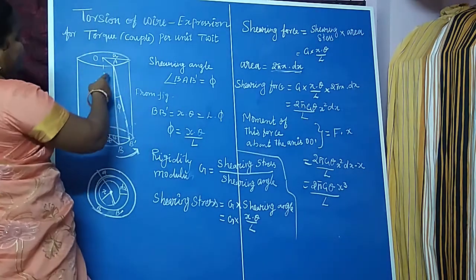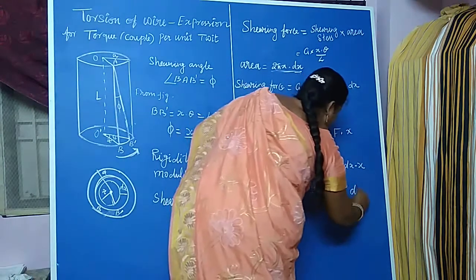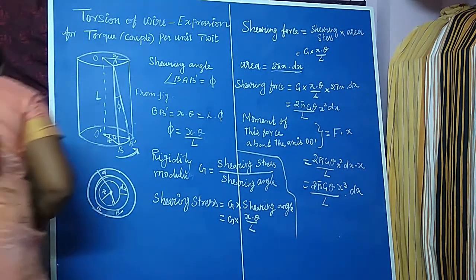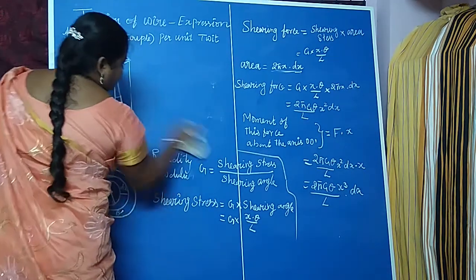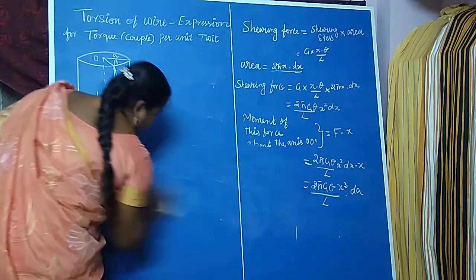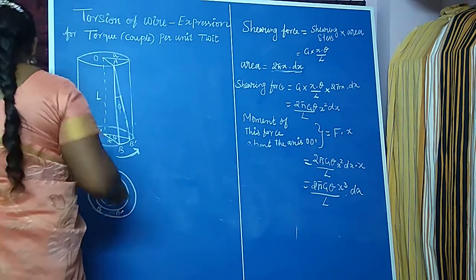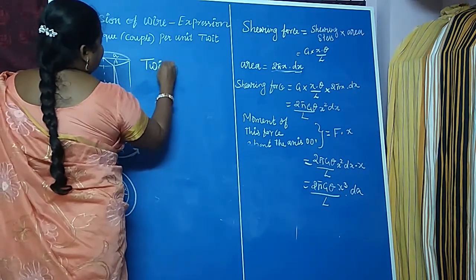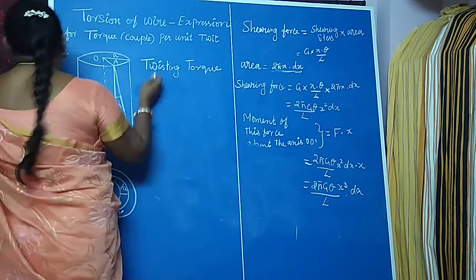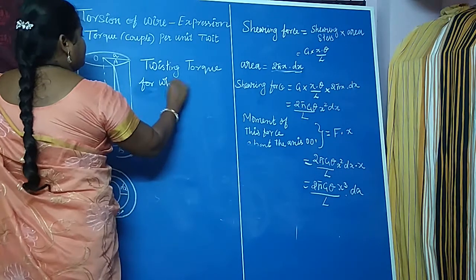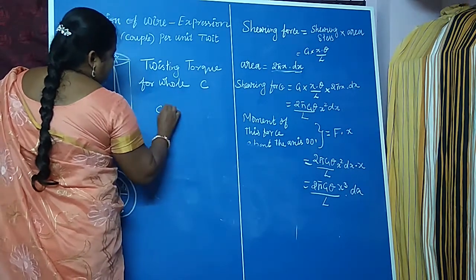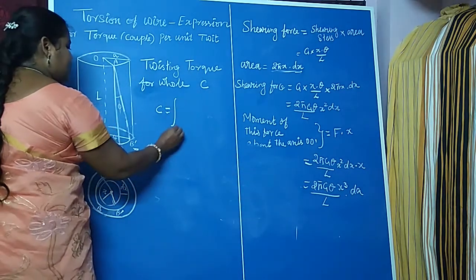Now we are going to calculate the twisting torque for the whole cylinder, which is considered as C. We have to integrate this equation within the limits 0 to a.